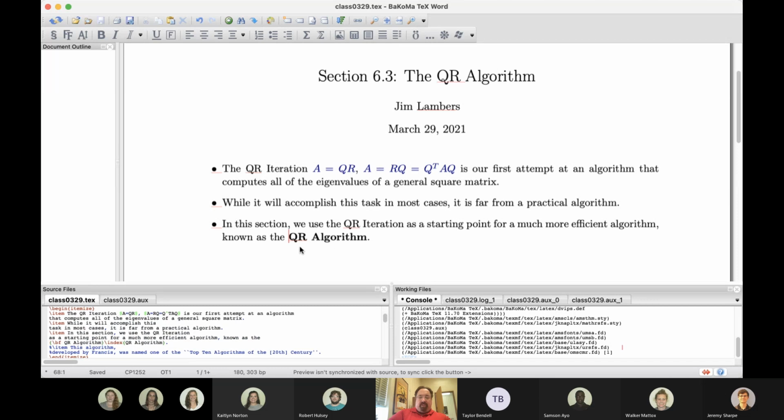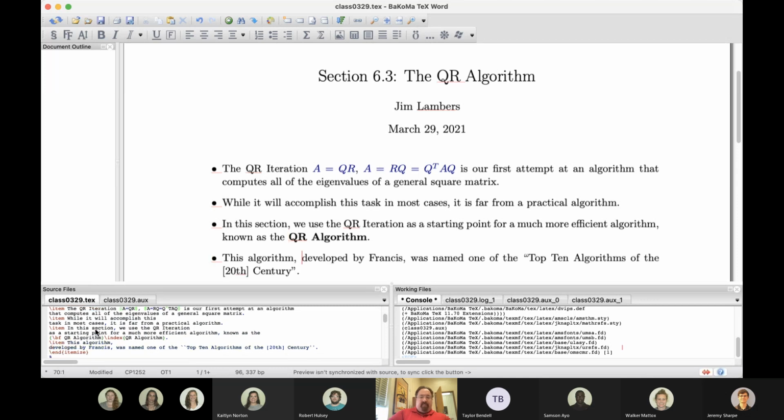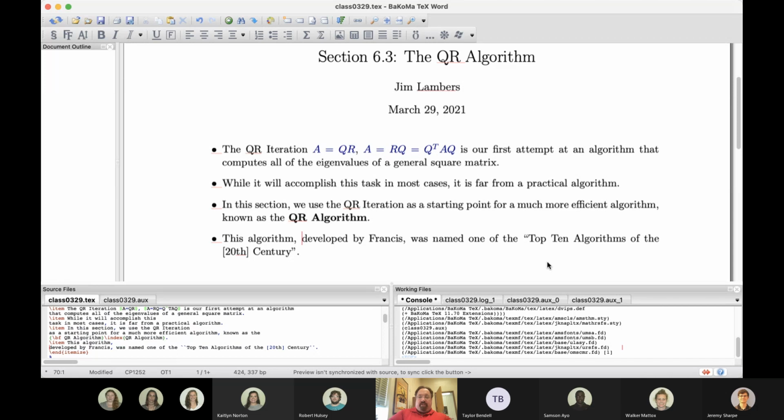The result of all this is going to be a very famous algorithm in the field called the QR algorithm. It's famous enough that it was named one of the top 10 algorithms of the 20th century because of how ingenious it was. It was developed in the early 60s by Bob Francis. Actually, one thing I want to check about that, because I believe that he was not the only one.